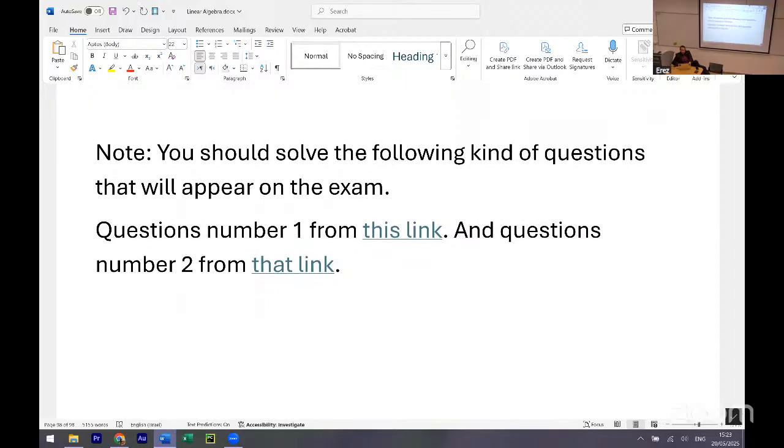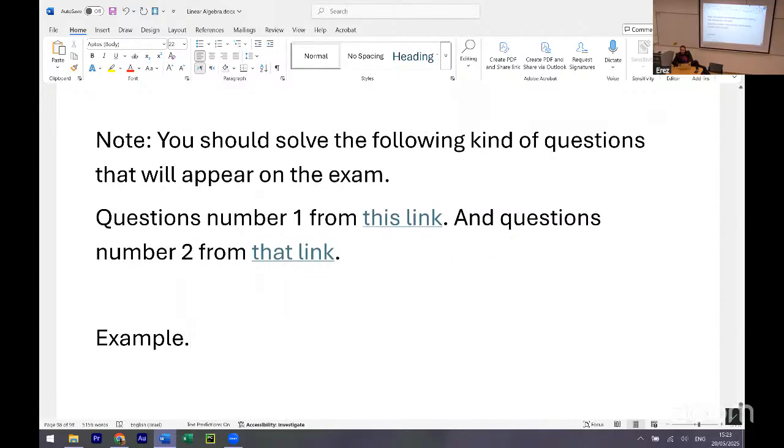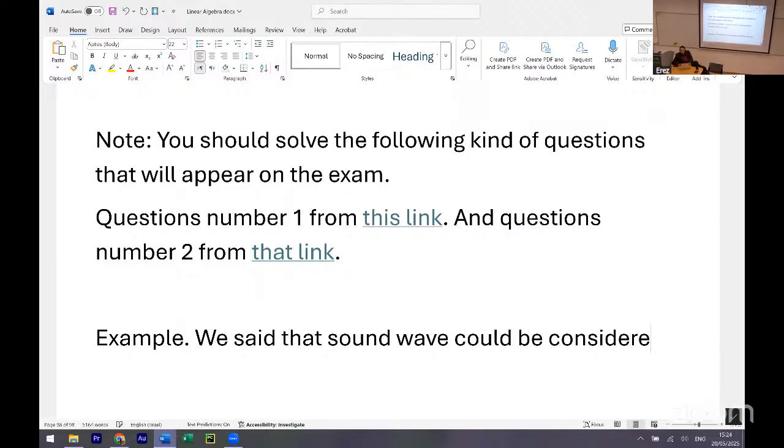Okay. For the last example of this class, I like that it's at the end of the class because it's kind of extracurricular. We said that sound waves could be considered a part of the vector space of sound.